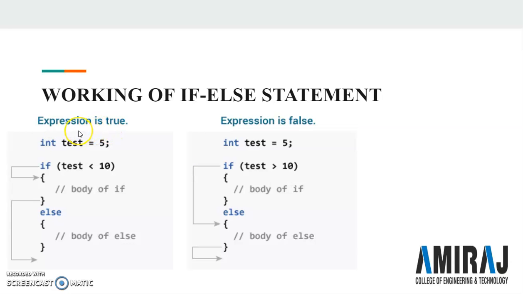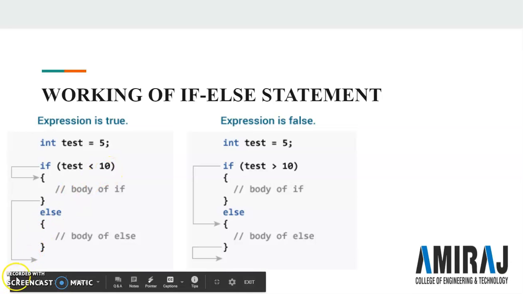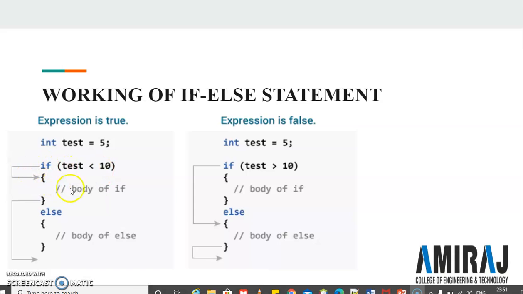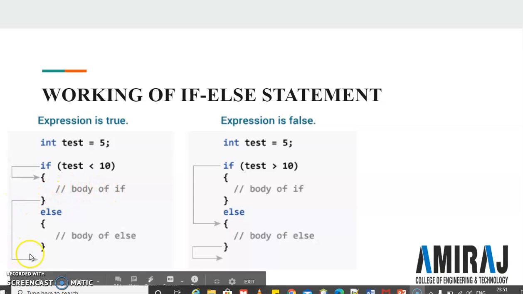First one, expression is true. There is one variable test with the integer data type equal to 5, and if our test is less than 10, the condition is true, so it will go to the body of the if and execute it, and after executing this it will go out of the program.